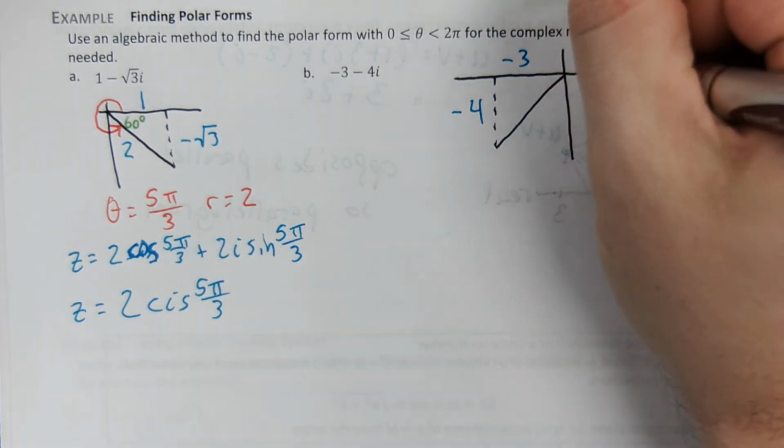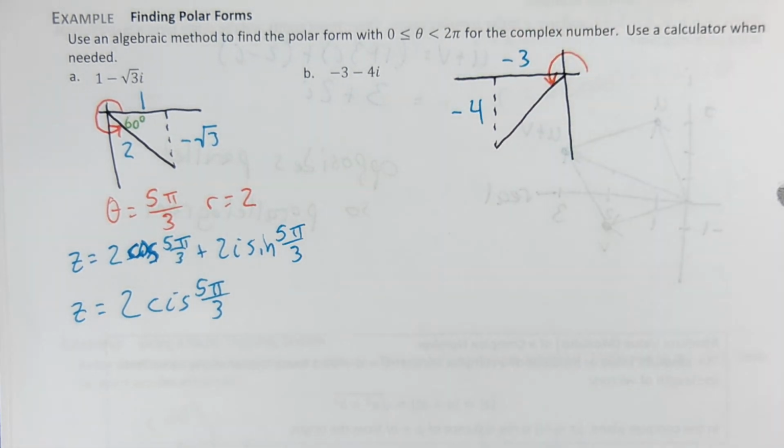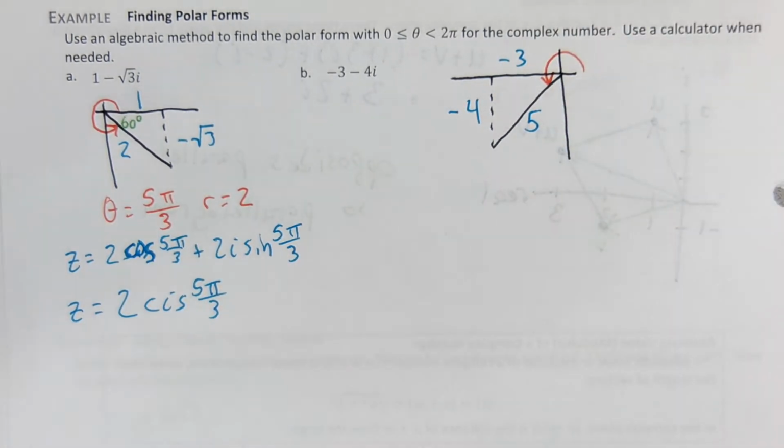Theta is out here, all the way to there. What's the modulus of this complex number? It's 5, a 3, 4, 5 right triangle. So we already know r, it's 5. We just need to know theta.